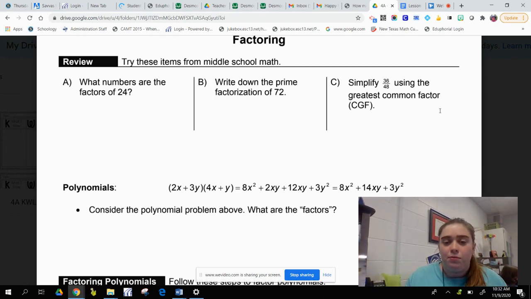So you may remember factoring from before, specifically looking at maybe factoring binomials, which means with two terms, right? But we're going to be looking at polynomials, which just means many terms. So we're going to have 2 terms, 3 terms, 4 terms, as many as you can think, pretty much.